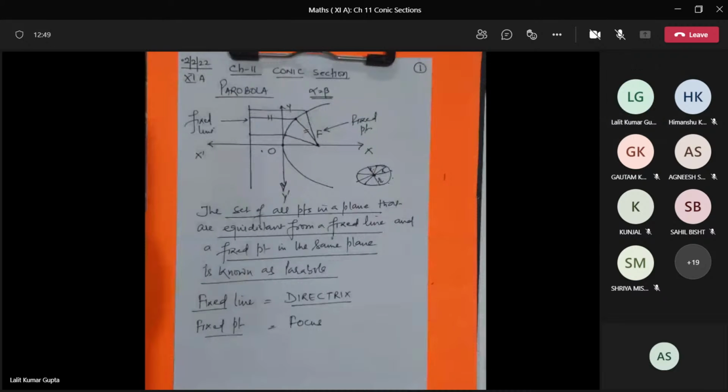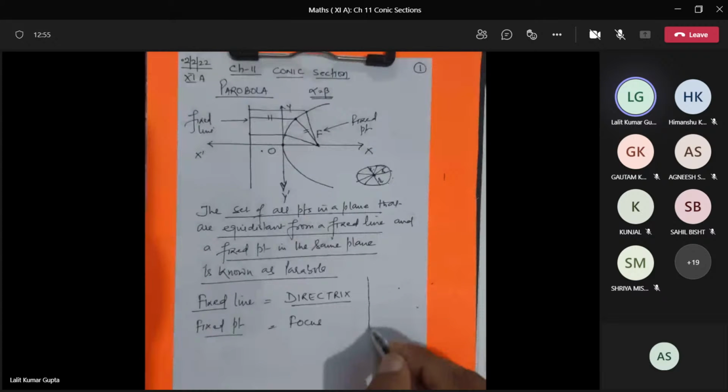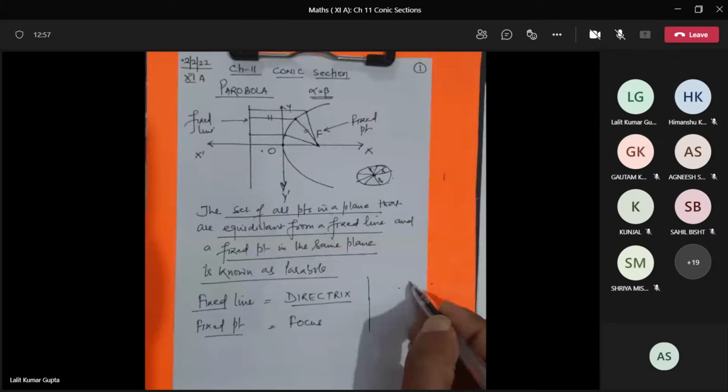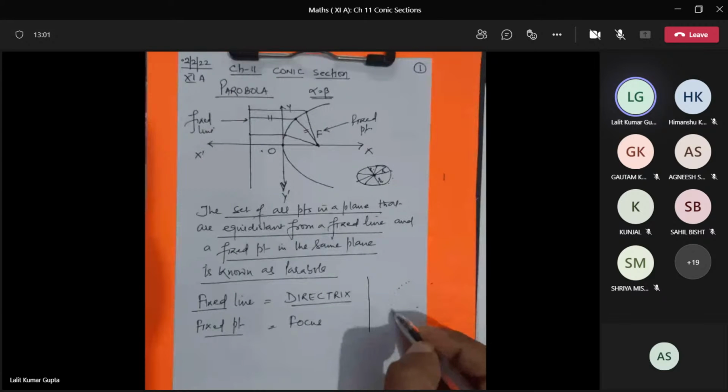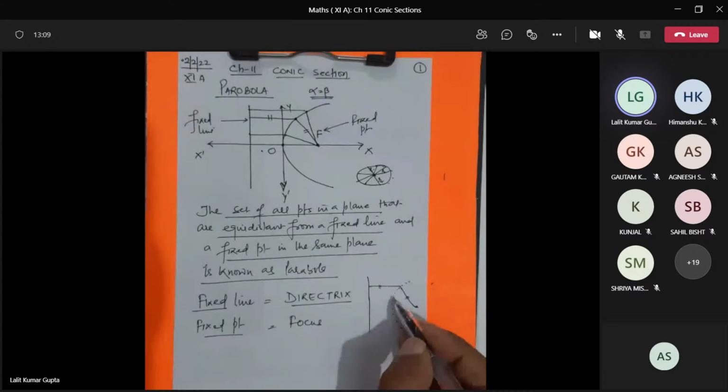ये मैं कह रहा हूं. रैंडमली अगर मैं पॉइंट लेता हूं, दिस इज ए फिक्स लाइन एंड दिस इज ए फिक्स पॉइंट. So I have to take the set of points which are equidistant from the fixed point and fixed line. This line, this distance and this distance are equal. If we take this point, this distance and this distance are equal.